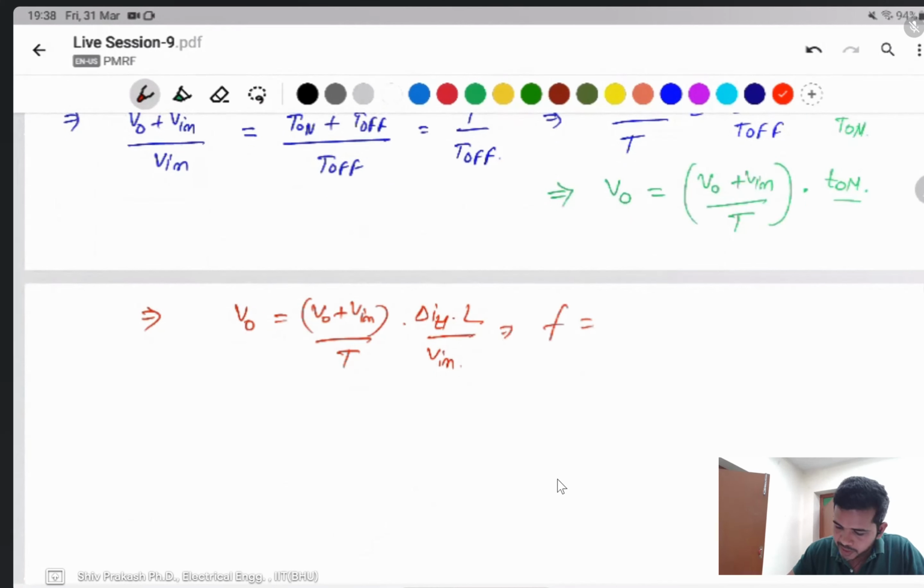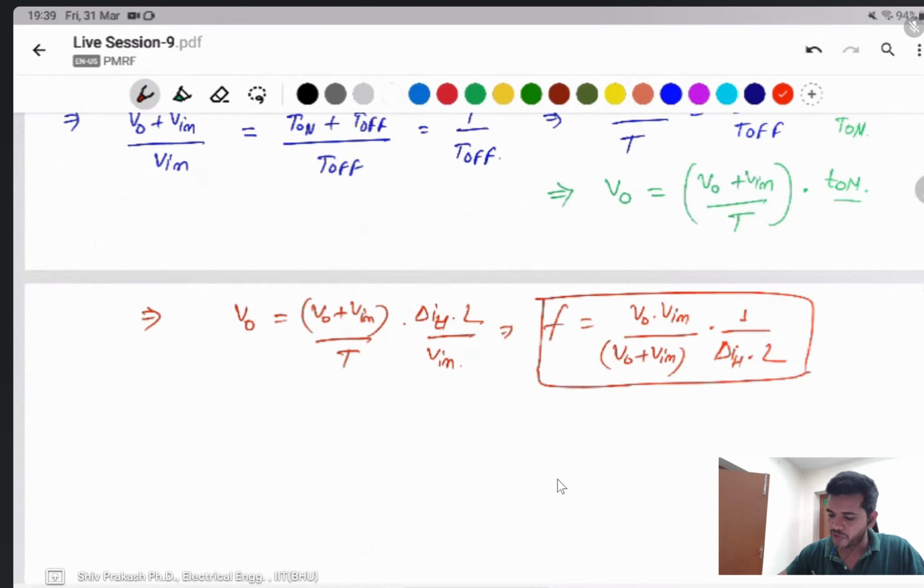Then F is equal to V output into V in divided by V output plus V in into 1 by delta IH into L. This is the switching frequency of this converter.